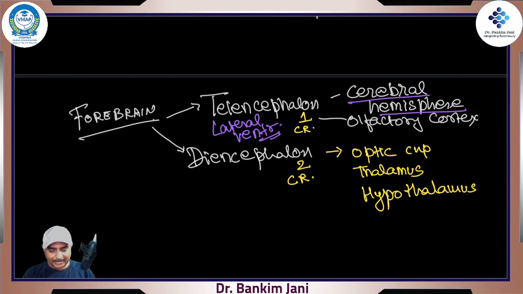Now, when the brain is getting formed, it is not like a knife makes an exact cut, saying okay, this part is telencephalon, this part is diencephalon. So that's why the third ventricle is also formed partly by telencephalon, right? Over here, part of the third ventricle.